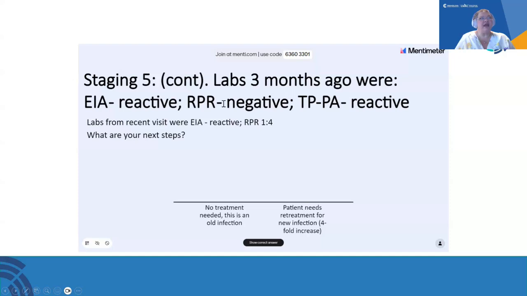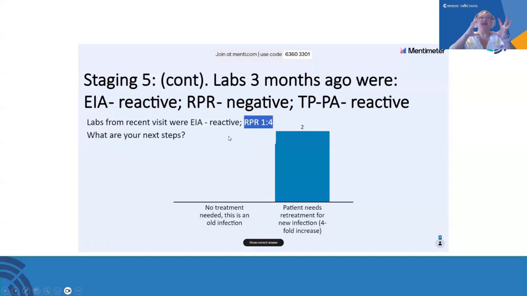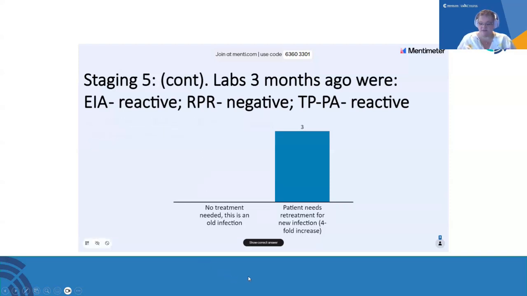And then we look at how much syphilis is in the blood. 3 months ago, it was negative, but now it's 1 to 4. Is this a fourfold increase? Yes. Because it's a fourfold increase, we now have a new infection, and now you see what it would look like if we have a new infection and we need to retreat. Great.